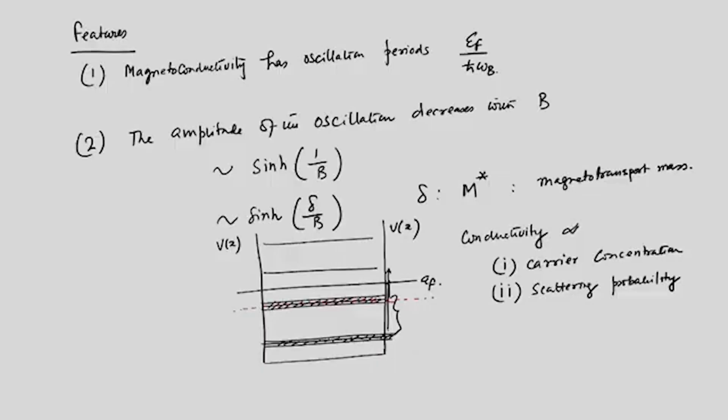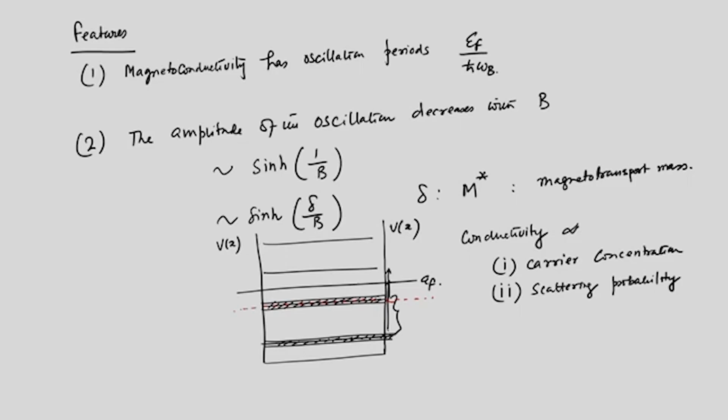So, the electrons at the Fermi level or just below it are responsible, and basically the density of states at the Fermi level decides the nature of the conductivity. So, the density of states decides conductivity, and the conductivity is proportional to the carrier concentration and the scattering probability.